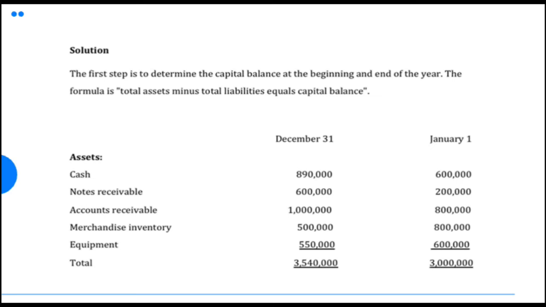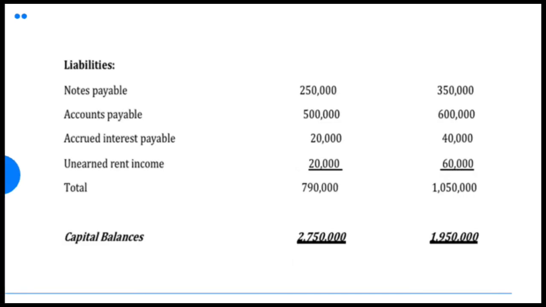So, 890,000 plus 600,000 plus 1 million plus 500,000 plus 550,000 is 3,540,000. So, now, let's proceed naman sa liabilities ng December 31. Notes payable, 250,000. Accounts payable, 500,000. Accrued interest payable is 20,000. Unearned rent income is also 20,000.